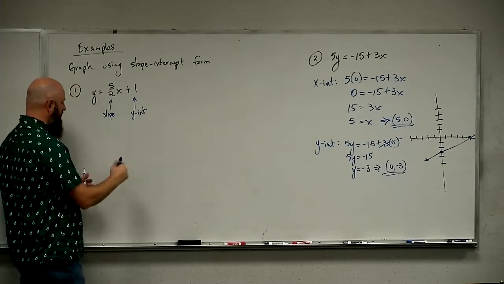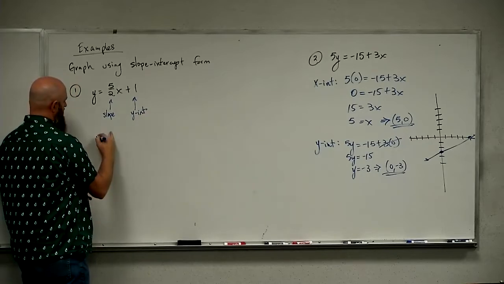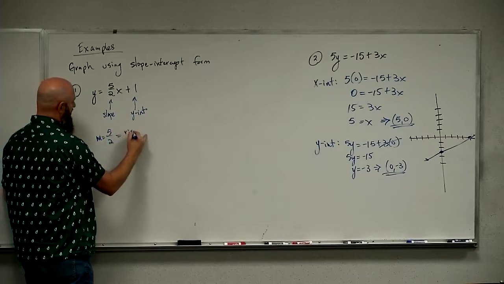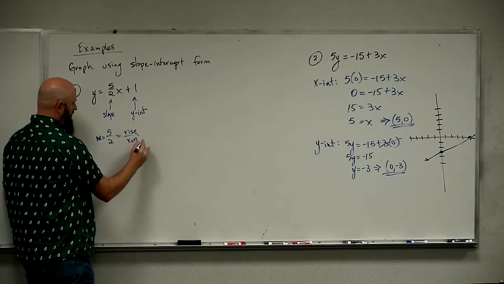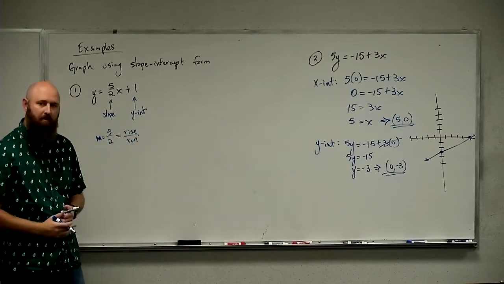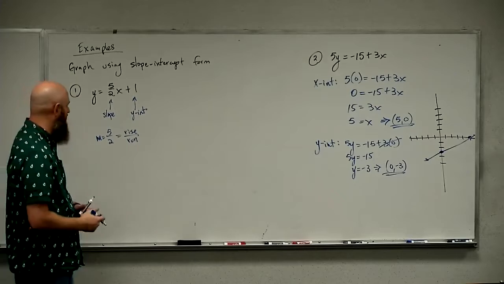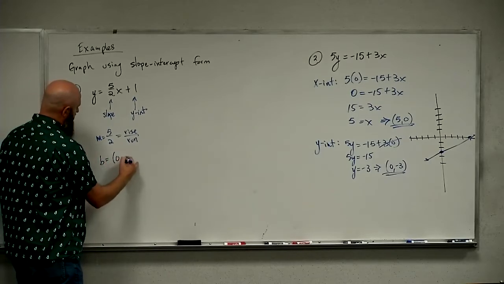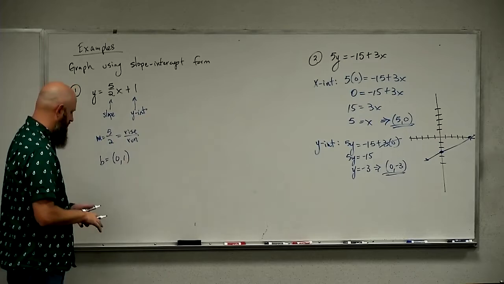So if we were to look at those pieces, I'm going to write it out this time. Our slope here, 5/2, that is my rise and run. So we briefly talked about that before. So we're going to make that come into play here now. And then our b is 0, 1, okay?